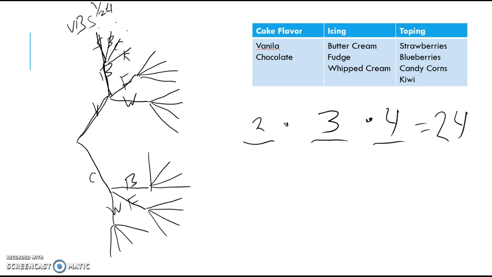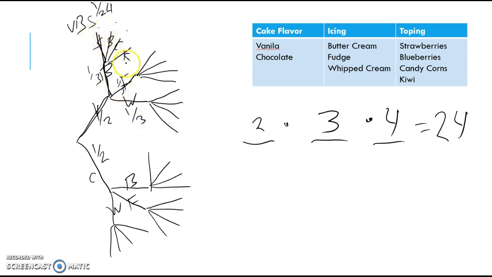So this again supports the idea that we multiply our probabilities together, because if we look at our probability of cake flavor, 1/2, if we randomly select, what kind of cake are we going to come up with? Well, it's 2 choices, so 1 out of 2 for vanilla, 1 out of 2 for chocolate. And then 1 out of 3 for each of these.